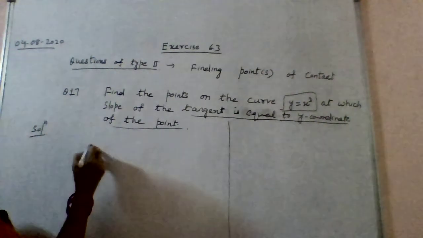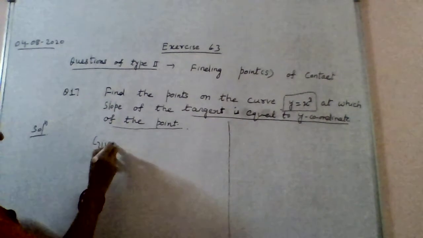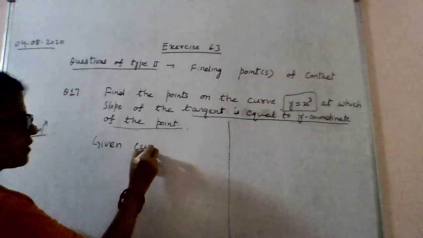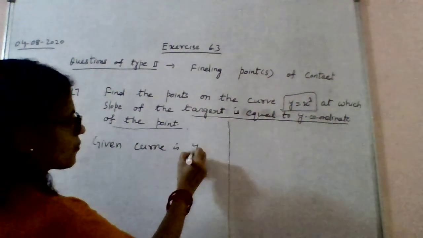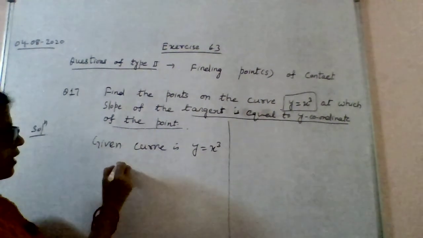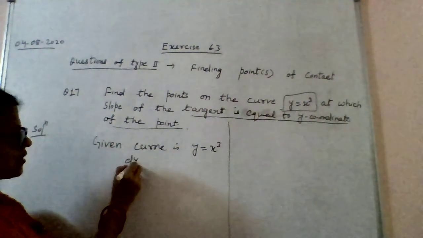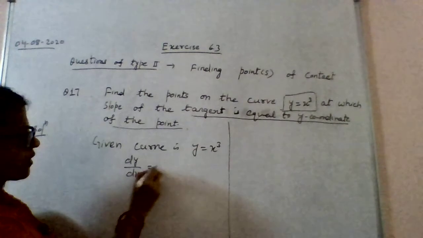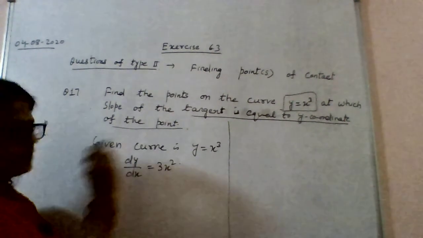So to start with, the given curve is y equal to x cube. So dy by dx equal to 3x square. Right?